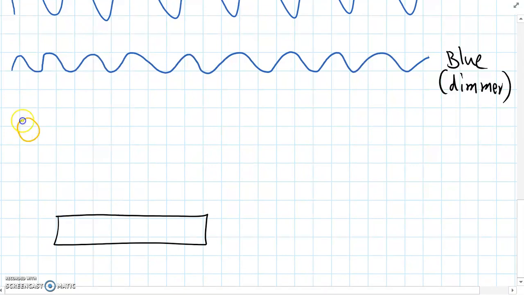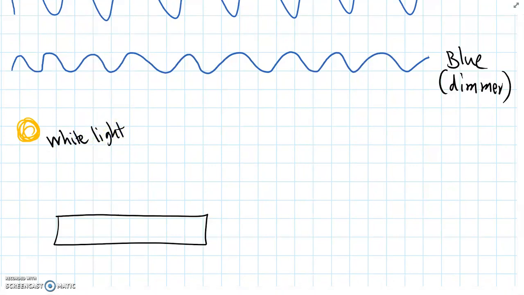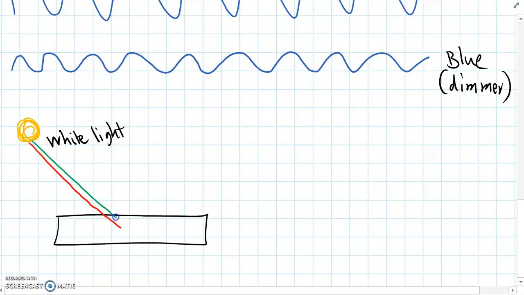So when we look at a piece of paper, there's light that's come from the sun, and that contains all the colors of the rainbow because it's white light. So white light is coming from the sun and it's hitting the paper. It's got a red ray of light and green rays and blue rays and all the other colors.